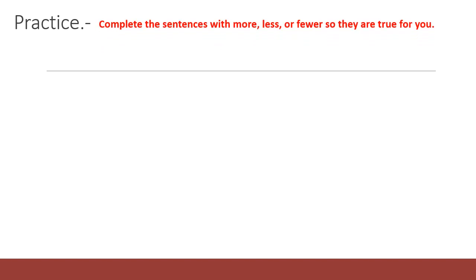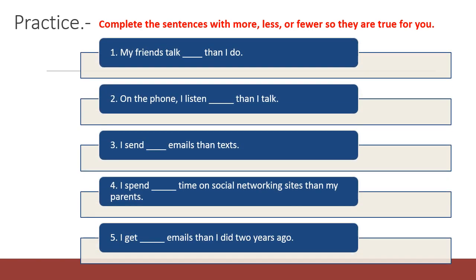Practice. Complete the sentences with more, less, or fewer so they are true for you. Okay, so sentence number 1 says, my friends talk than I do. Sentence number 2, on the phone I listen than I talk. Number 3, I send emails than text. Number 4, I spend time on social networking sites than my parents.